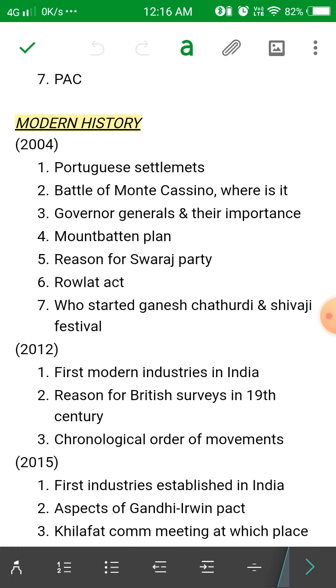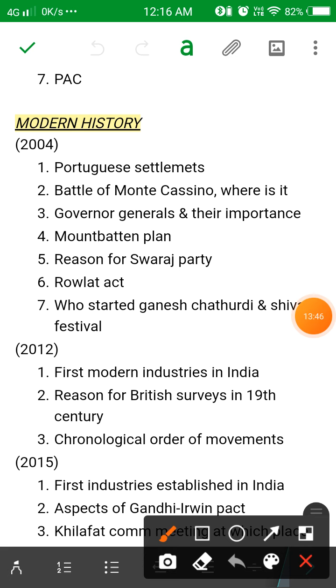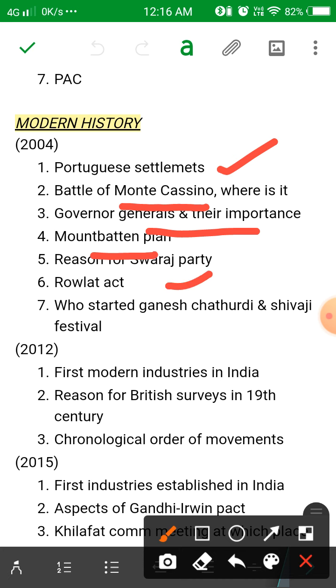Like here in 2004 you can see it has asked about the Portuguese settlement, Battle of Monte Cassino, like where is this place, and the governor generals and their importance, like who abolished sati, and who constructed this Fort Williams, and Mountbatten Plan, reasons for Swaraj Party formation, Rowlatt Act, who started this Ganesh Chaturthi and Shivaji festival.